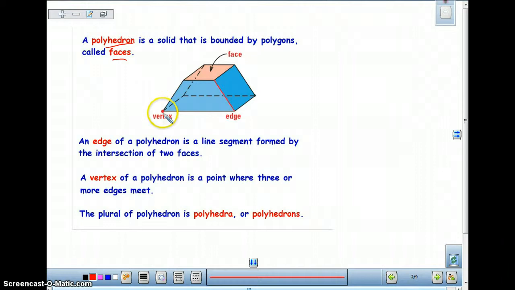In this case, we have a whole bunch of vertices. Anytime we have three different spots that come together, we have a vertex. The plural of a polyhedron is polyhedra or polyhedrons. The plural of a vertex is vertices, just so that you understand some of those different things that we are talking about.